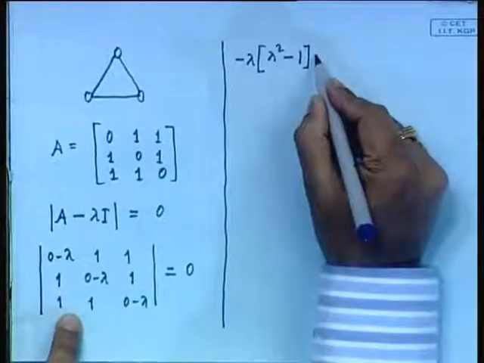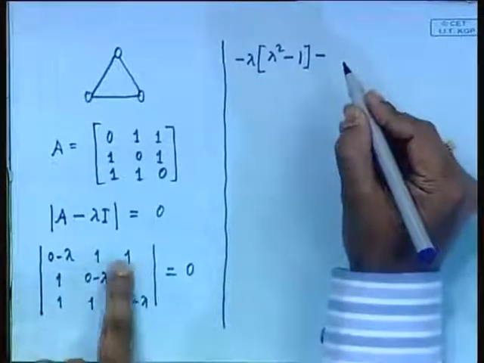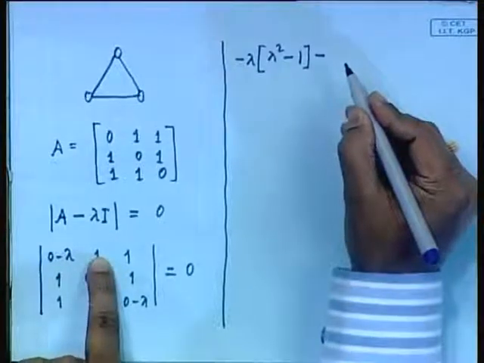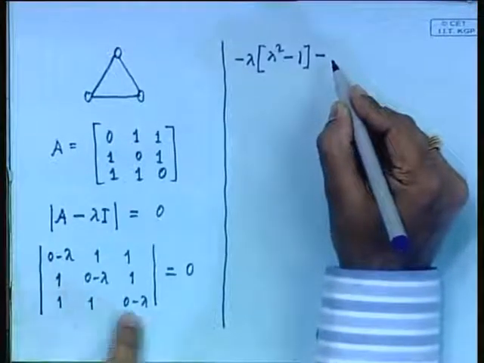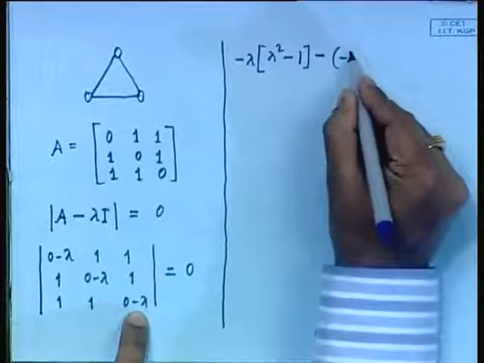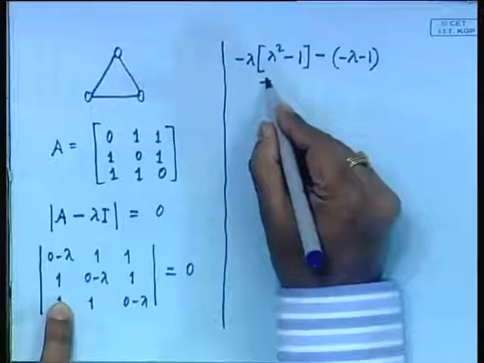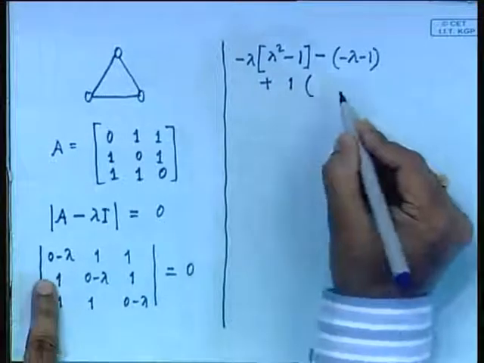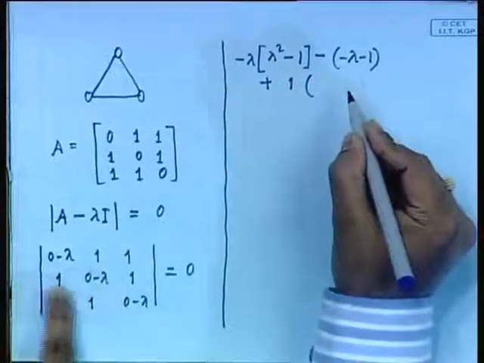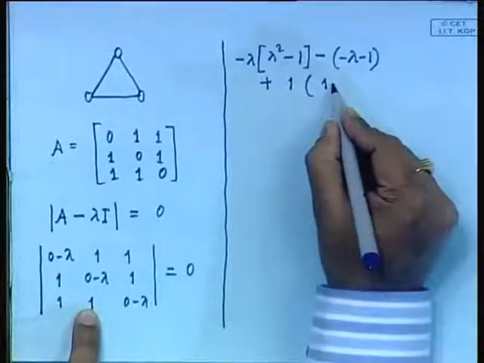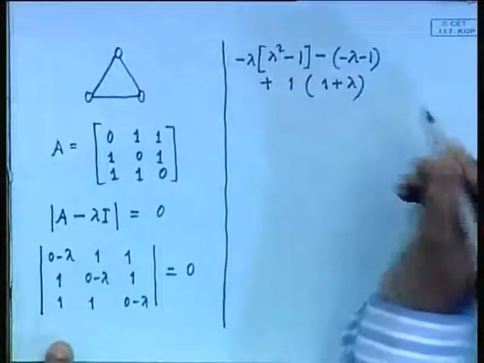This is the first. Then I have this one, minus 1 times this is minus lambda minus 1, and plus 1 times this, which is 1 minus lambda, which is plus lambda.